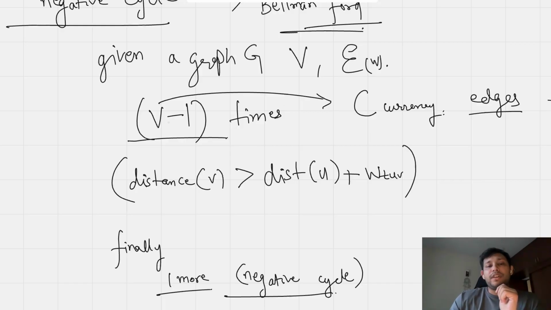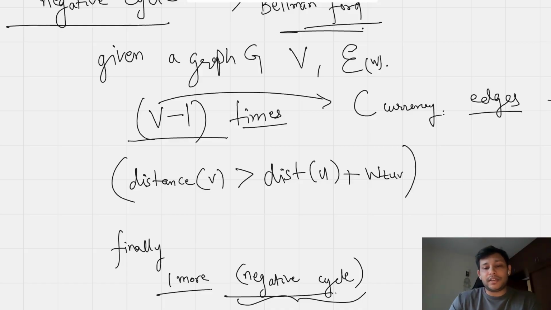And then we run the algorithm V minus 1 times for each node or each vertex. We'll try to relax the edges' weight. And finally, we will do the same process one more time and see if we are able to relax. If yes, then we can say with confidence that there is a negative cycle, and we will return true from Bellman Ford. And that true indicates that the trader will be able to make a profit.